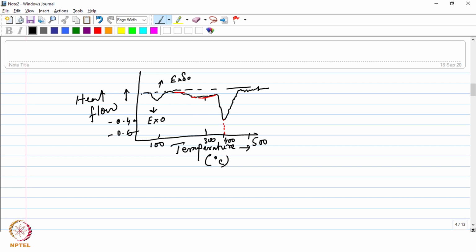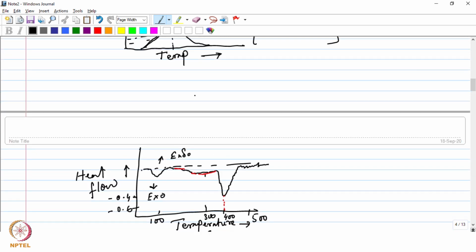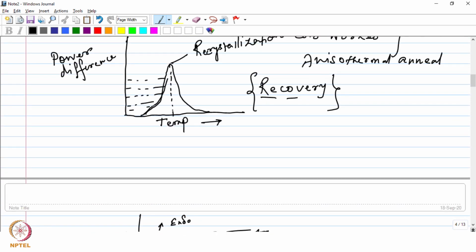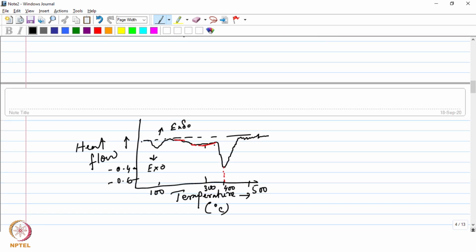So during the recovery process at lower temperature, it is a broader peak because it has just started releasing the strain energy. And then when the recrystallization process actually starts, you have a large amount of strain energy being released, and that is why you see a sharp exothermic peak when the recrystallization process initiates. Okay. So like that, as I said before, you can also visualize this experimentally with this kind of measurement techniques.